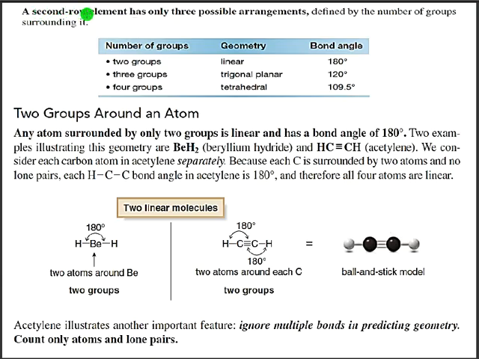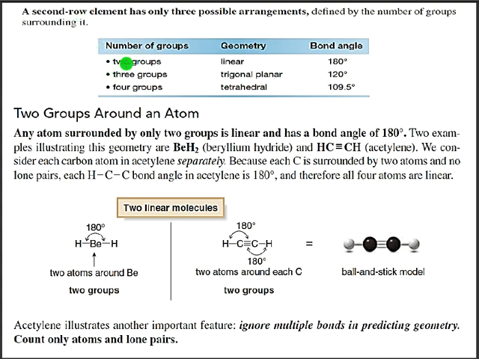The second row elements have only 3 possible arrangements defined by the number of groups surrounding it. That means all the elements in the second row of the periodic table have 3 possibilities for the geometry.